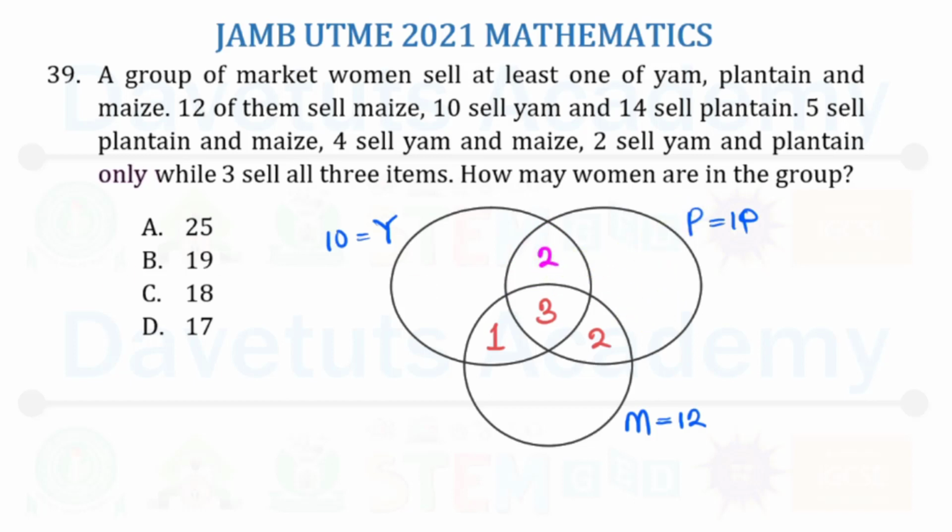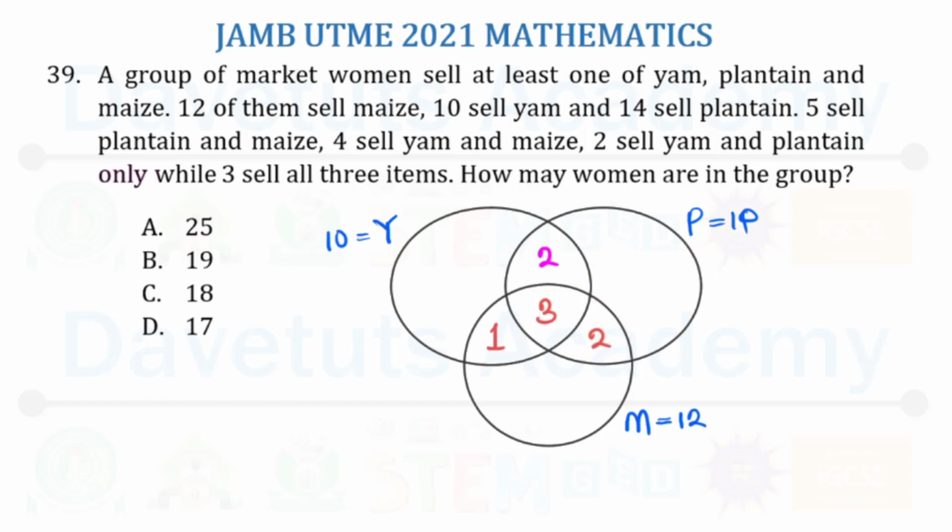Okay? So once we have this, we can compute those that sell maize only, plantain only, yam only. Why am I doing this? Because I want to get each of those entities, then we can add them together and sum them to the total number of women which we are trying to get. So if I want to get plantain only, already we are told that plantain is 14, but we have 2, 3, and 2 taken out of those 14.